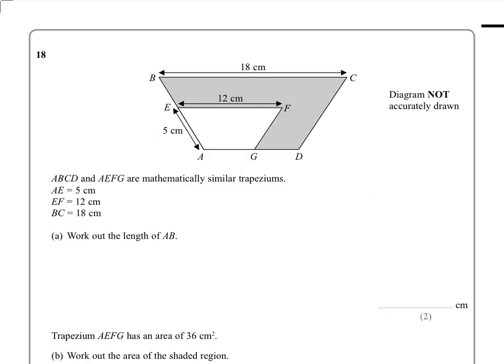Well, in this question it says that ABCD here, which is a trapezium, and AEFG, which is a trapezium also, are mathematically similar.